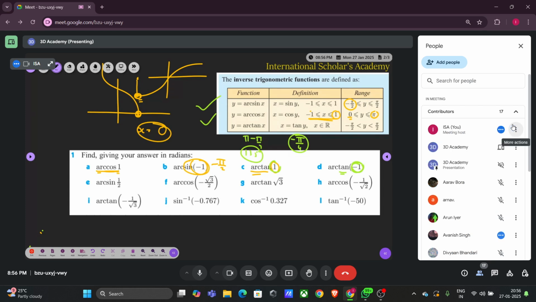Now here someone might have said, sir, 135 degrees, that is nothing but 3 pi/4, is also a value for which tan comes negative. But it is not in my range. My range is from -pi/2 to pi/2. It means it is in this first and fourth quadrant only. How many of you understanding this point, guys?